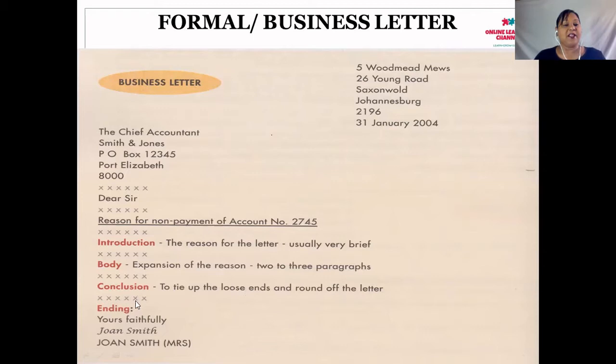Then you would leave a line, and then you would end with "Yours faithfully," and after that, in the next line, your signature followed by your name. For women, you have to put your title there, which is either Mr. or Mrs. or Miss. For men, you do not need to put that in brackets followed by your name.